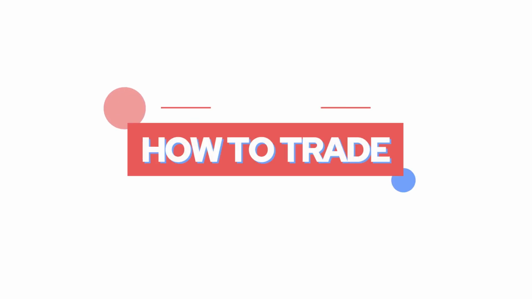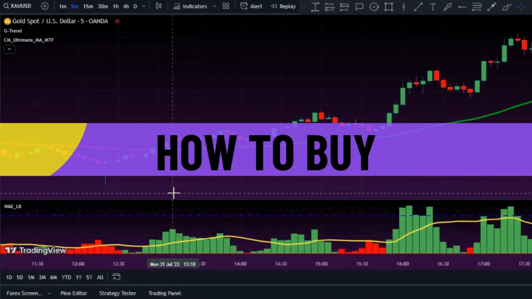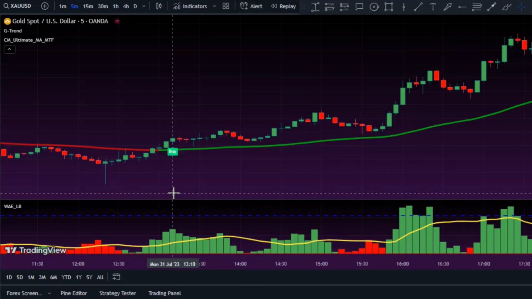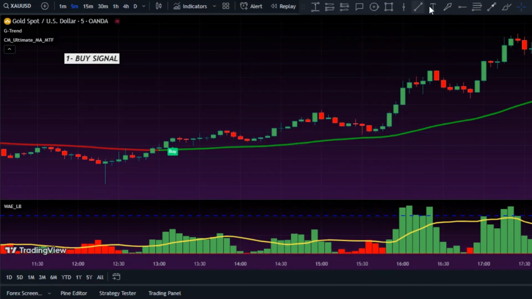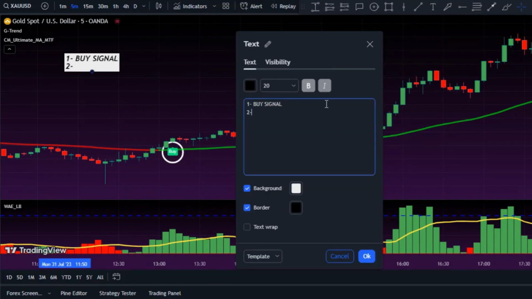Alright friends, to enter a trade, we need to check three things. First, the rules for entering a buy trade. We'll first need a buy signal from the G trend indicator. Then the price will need to be above the green CMA ultimate indicator to confirm an uptrend.